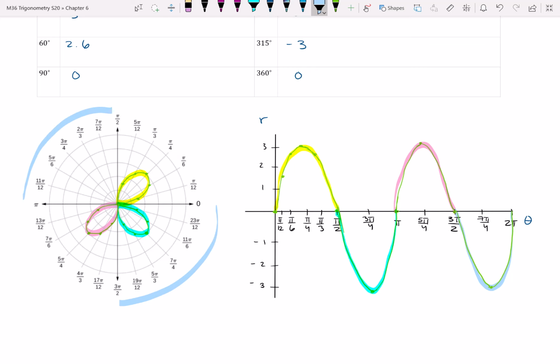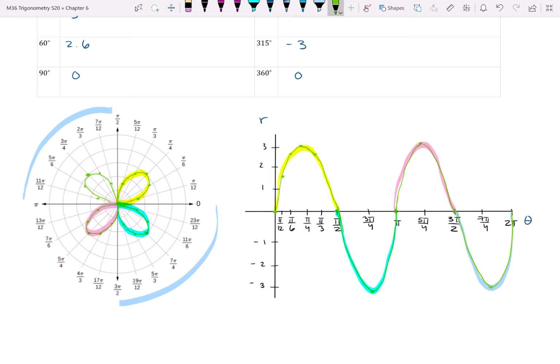And so we know that 7 pi over 4, we get negative 3, which we're just going to reflect up here. So that's going to be 3 pi over 4 with r equals 3. And then again, we can use the first petal to help us graph the rest of the points. 1.5, 1.5. And so that's going to give us that petal there.